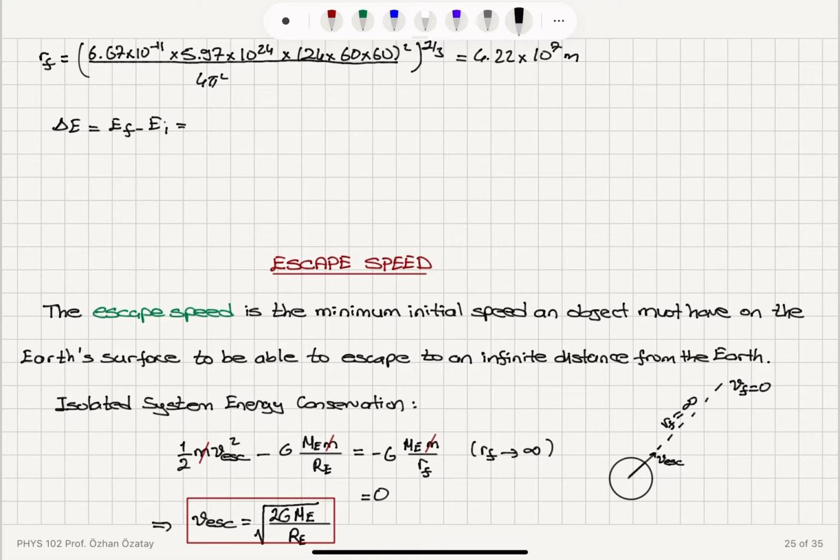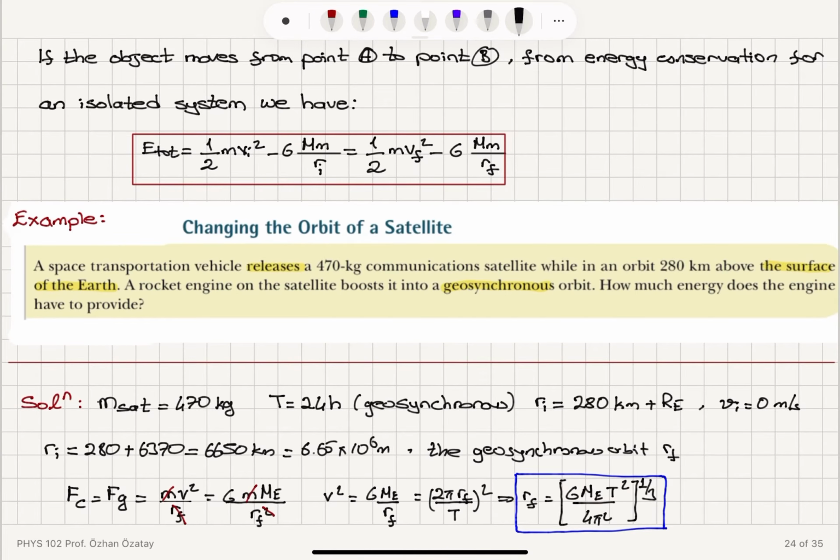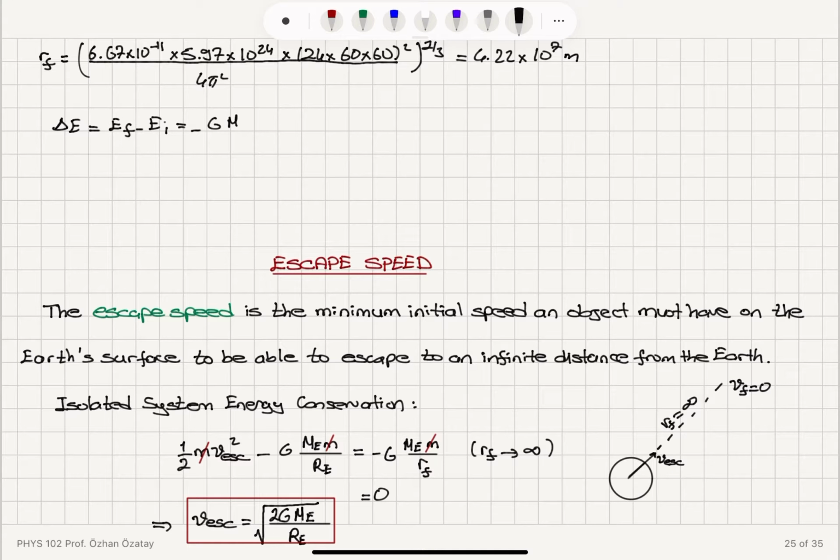So the total mechanical energy, remember, is minus G, the mass of the Earth times mass of our satellite divided by 2 r final, and initial is minus G M m over 2 r initial, but because of the minus sign this will become a plus, so this is plus G mass of the Earth, mass of the satellite divided by 2 r initial.